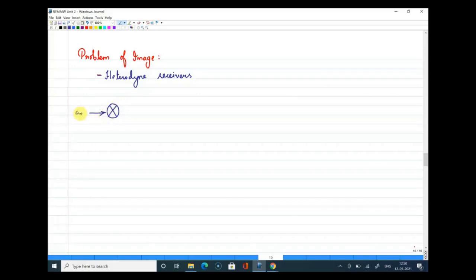We have the input frequency here, we have the local oscillator frequency, and we also have the intermediate frequency in the picture. If I represent this in the form of a signal, I can write it as A cos ω_IF t, where the intermediate frequency is equal to A cos (ω_in − ω_LO) t.